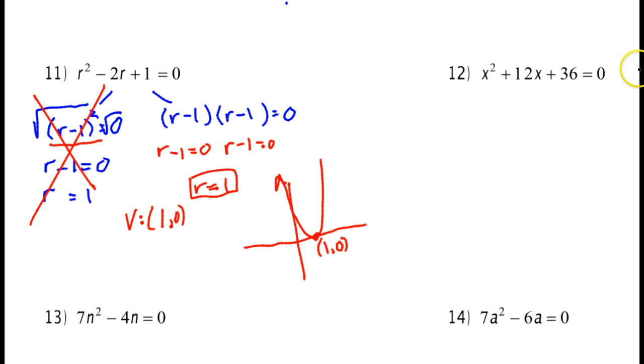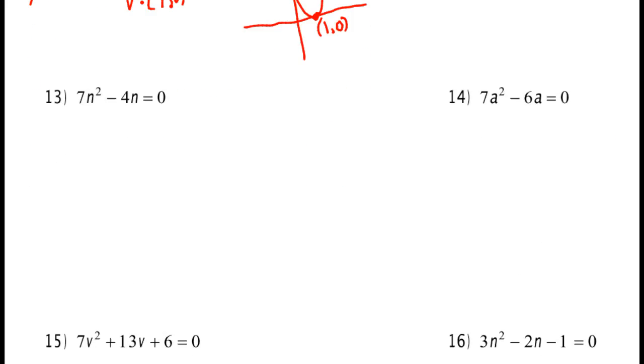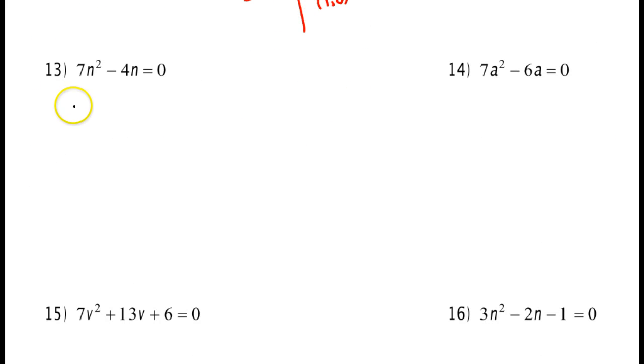Alright. Anything else? Let's see here. Let's go down a little bit. Don't forget about GCFs. Notice this has no C value. Just factor out an n. 7n minus 4.